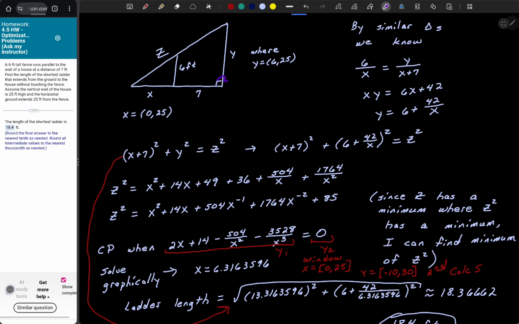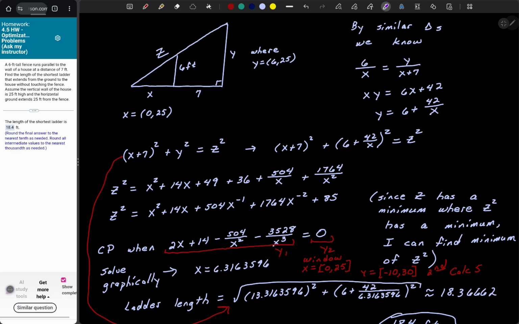Both the height of the wall and the height of the fence are at right angles, and they both share this angle, which means this angle has to be the same as this angle. All equal angles means sides are proportional. Thus, the height over the base of the small triangle must equal the height over the base of the large triangle. That's where I got 6 over x equals y over (x + 7).